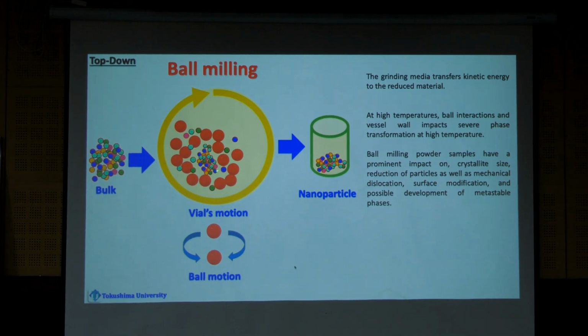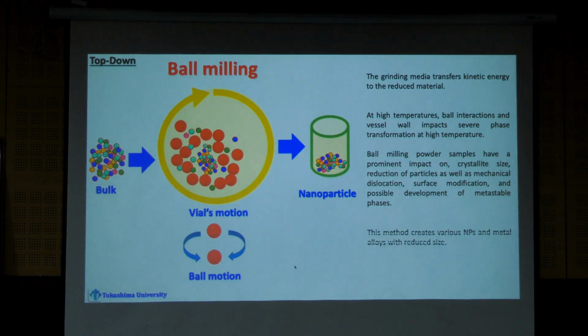If any red ball hits this blue particle 10 times, it will reduce the size. But if this same blue particle has been hit only 5 or 6 times, its shape will not change as much as one hit 10 times. So there might be variation in the particle size, because we cannot control this. It is in a closed chamber.